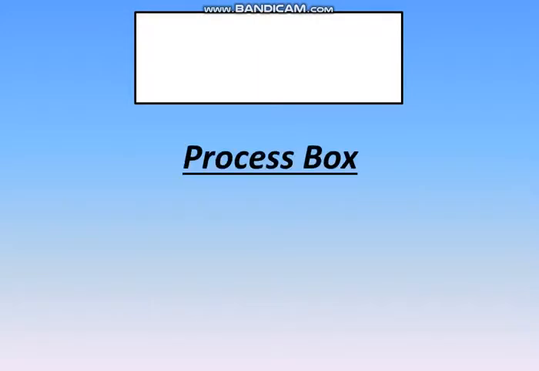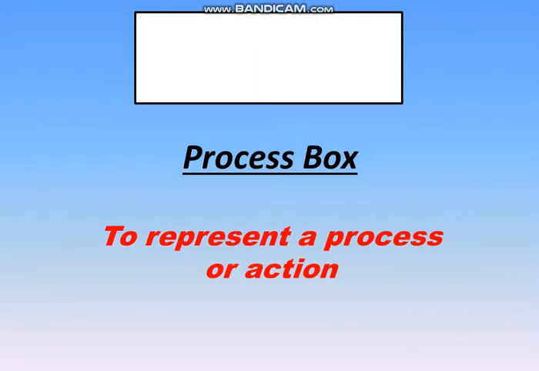After this, there is a rectangle in front of you which is known as process box, and the use of process box is to represent a process or action. Means the procedures, जो उसके तरीके हैं वो किस बॉक्स में लिखे होने चाहिए, those processes should be written in this rectangular box.